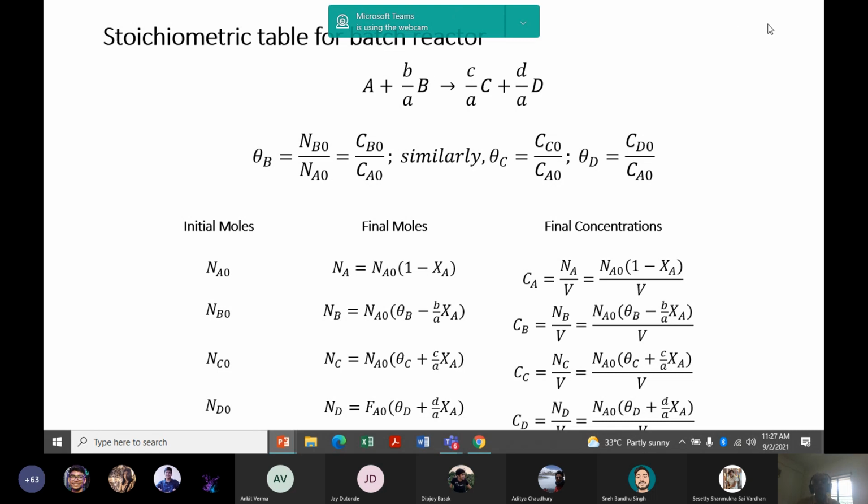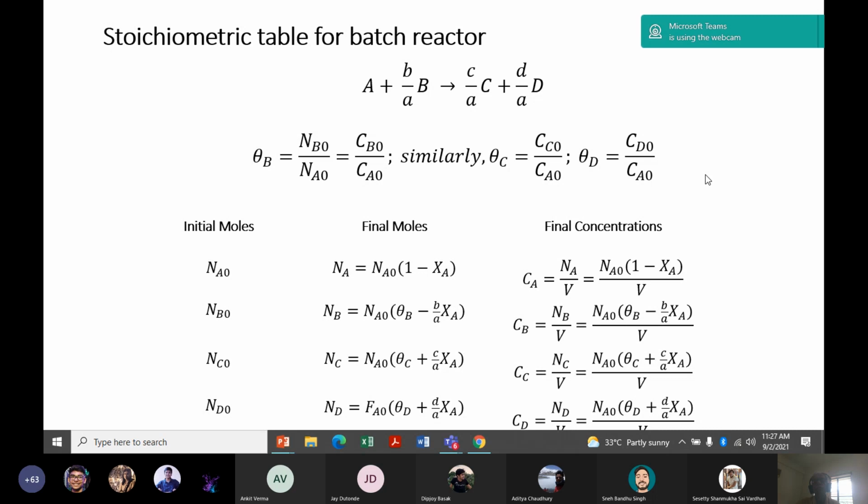The stoichiometric table for a batch reactor with the general expression A plus B by A B, C by A C, D by A D. These are the stoichiometric ratios B by A, C by A, D by A.